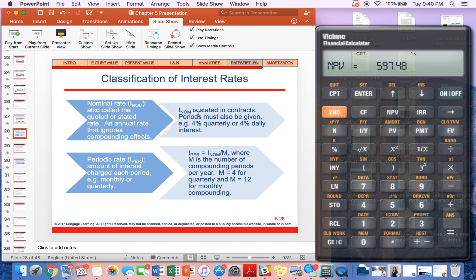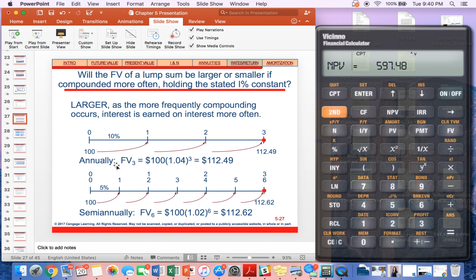You're going to start to see this figure called I-nom, and all that means is a nominal interest rate. If we go back to slide 27, this 10% that they compounded annually is the nominal rate. It ignores all other compounding effects down here.